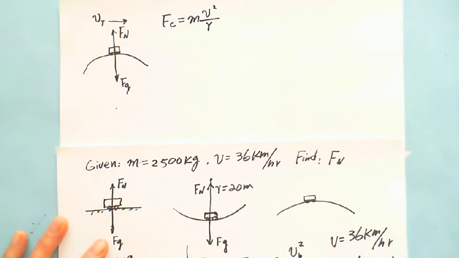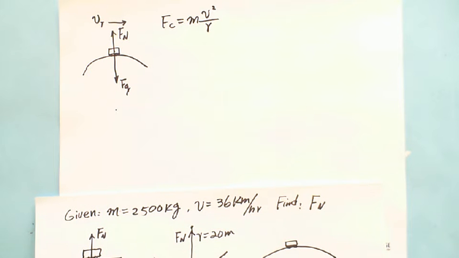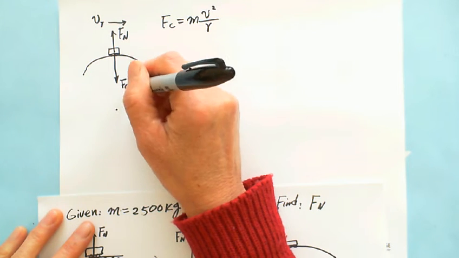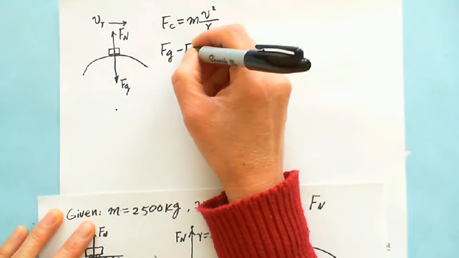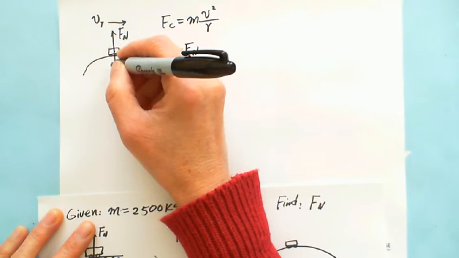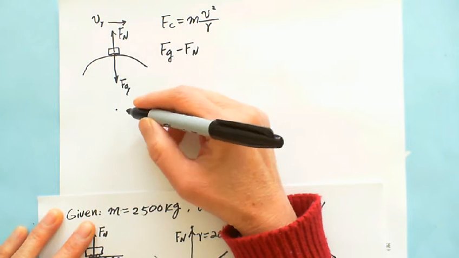As we know, the centripetal force is the net force, and its direction points to the center of the circle. So gravity minus the normal force, because the net force, which is the centripetal force, has to point to the bottom.